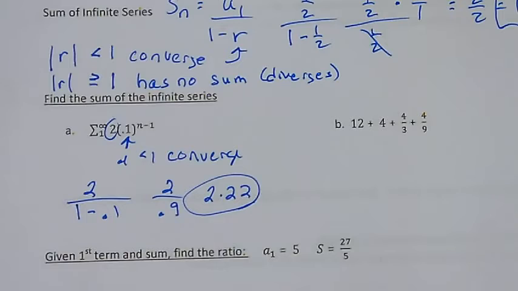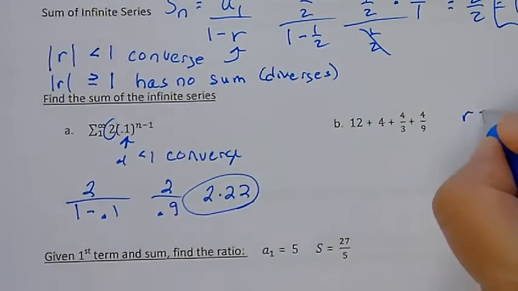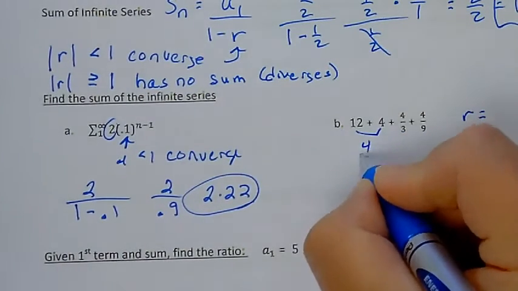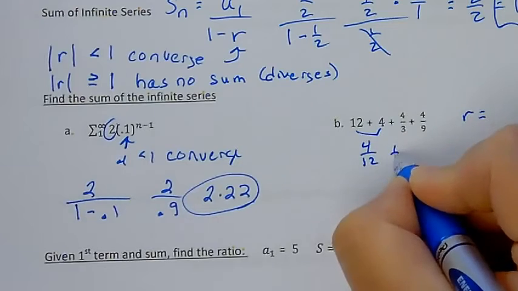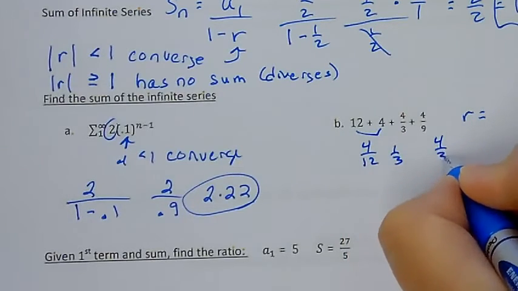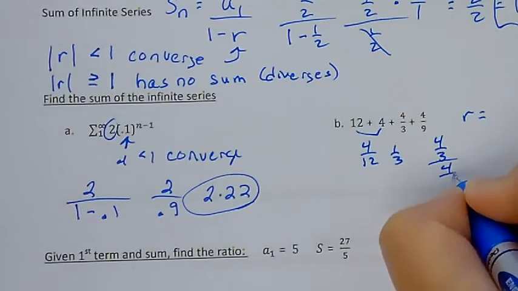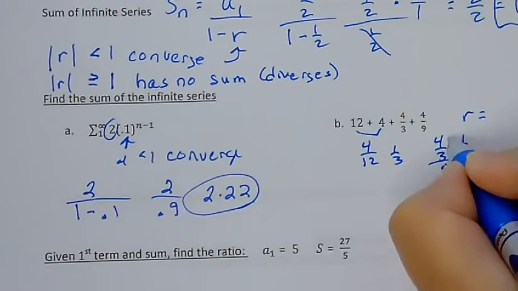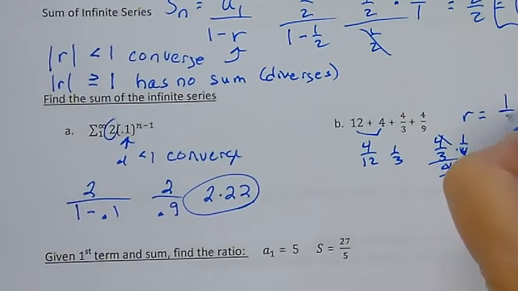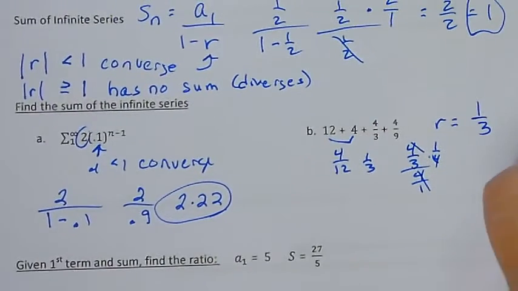The first thing we need to do on this one is see if we can find the rate. 4 divided by 12 is 1/3, and 4/3 divided by 4 is 1/3. So I can see the rate is 1/3 here. Since 1/3 is smaller than 1, I know that this is going to converge.